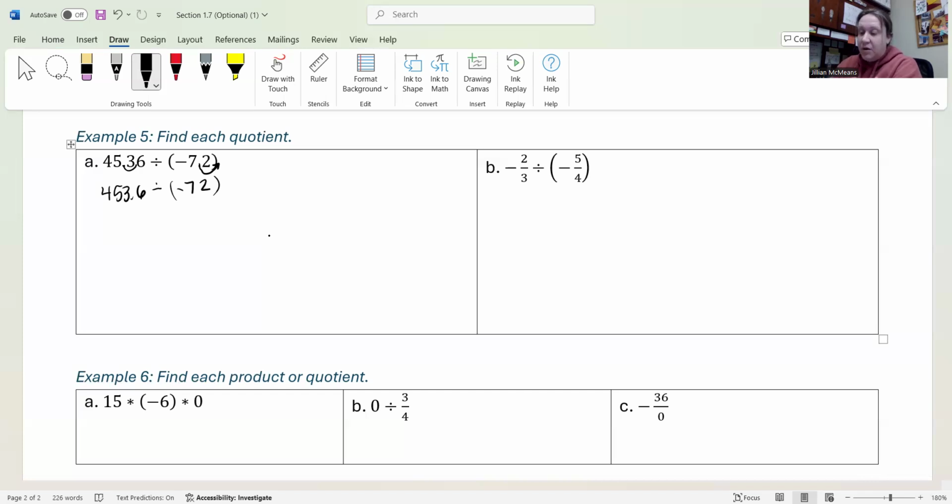Now this is what I'm really dividing. 453.6 divided by 7.2 is going to give me the exact same result as if I just divided 45.36 by 7.2. So let's set this up for long division. Let me do it over here so I have room for some side work.